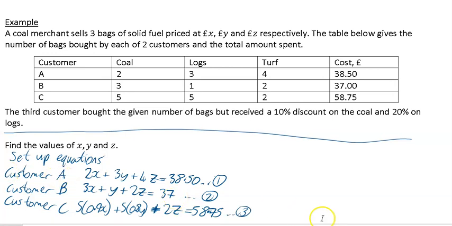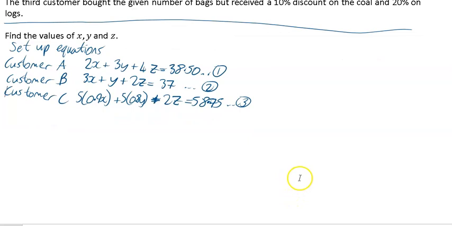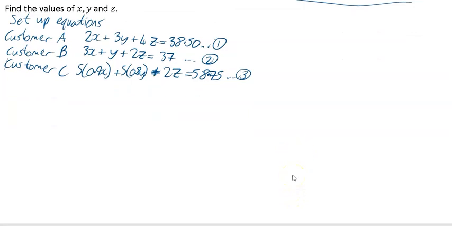We'll just tidy that equation up a wee bit, that one's just a bit of a mess. If you multiply it out and tidy it up, you're going to get 4.5x plus 4y plus 2z is equal to £58.75. So that's my new improved equation 3.